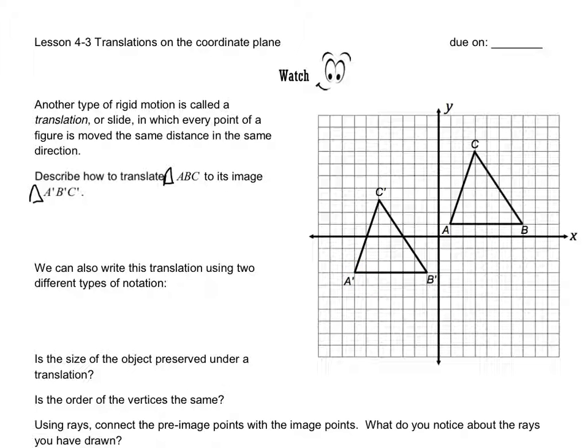If you look at the rest of the points, point B is also going to the left 8 and down 4. C is going to the left 8 and down 4. So every point in this original figure is translated to the left 8 and down 4.